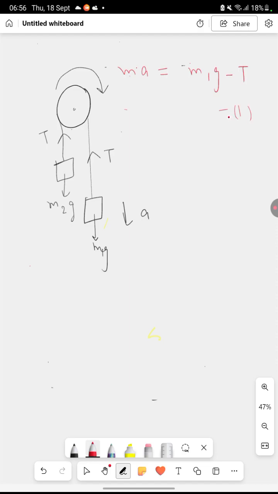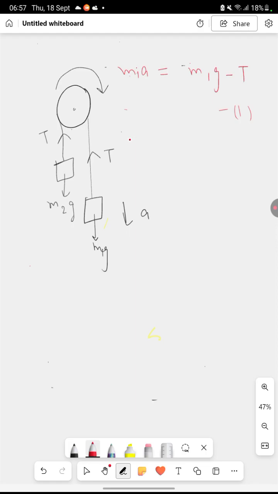Now we can consider the second mass M2, this mass is going in the upward direction. So when this mass is moving in the downward direction, this mass is moving in the upward direction. So the total resultant force exerted on this mass is in the upward direction.